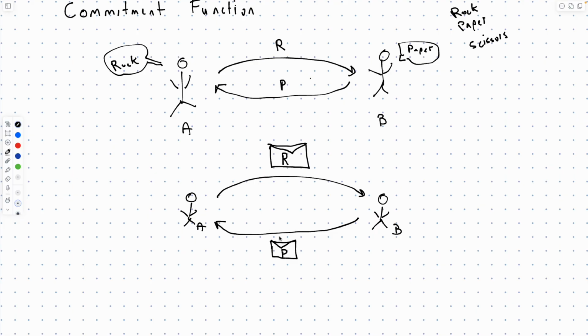But when we put it in an envelope, does it matter who sends the envelope first? That also doesn't matter. So by committing to things, we were able to make sure that there are no fairness considerations anymore.